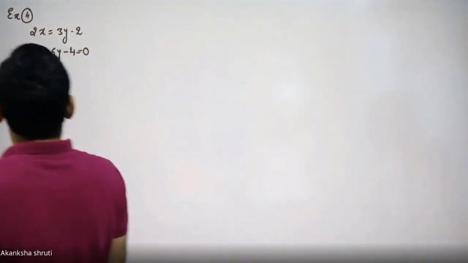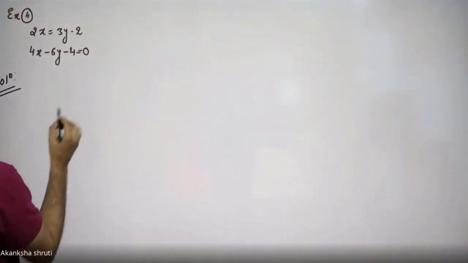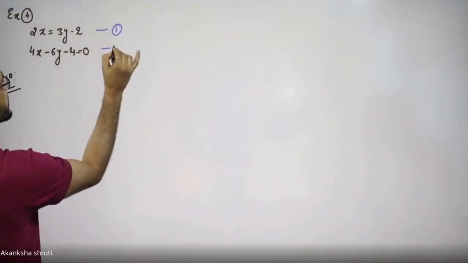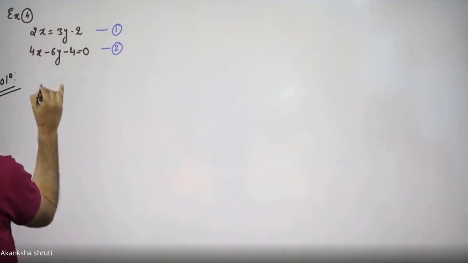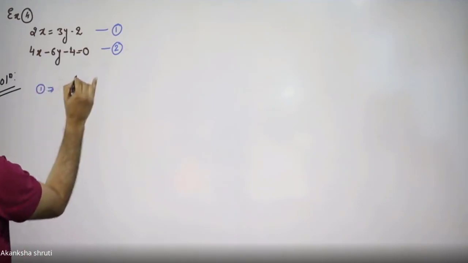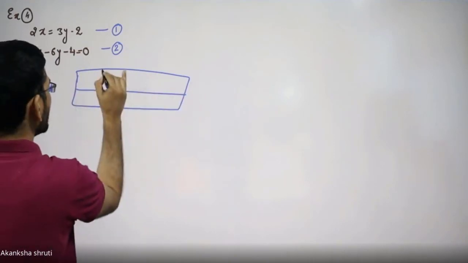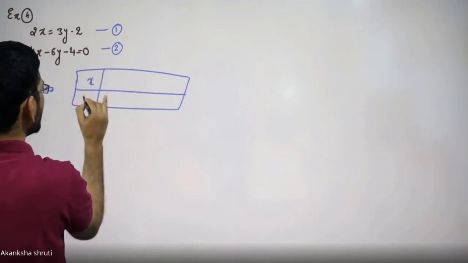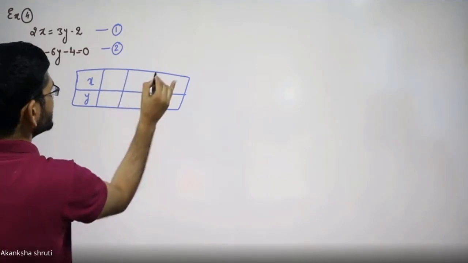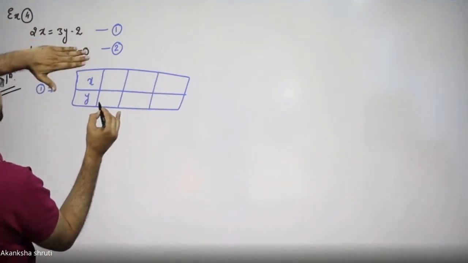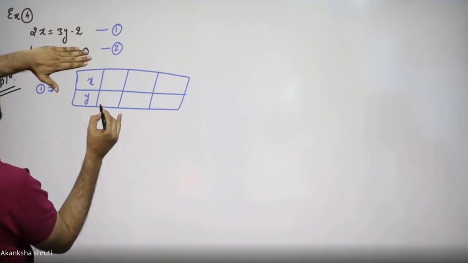Here, again we have to tabulate them. Consider them as equation 1 and equation 2. From equation 1, make a table for plotting the graph. Put x and y. So assume, forget the second equation while we are considering the first equation.